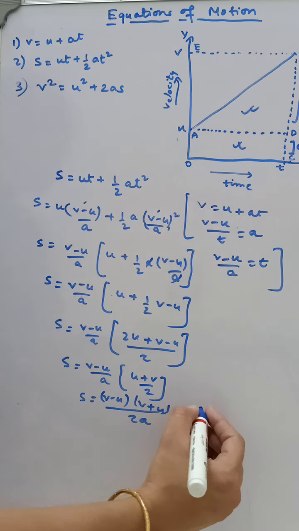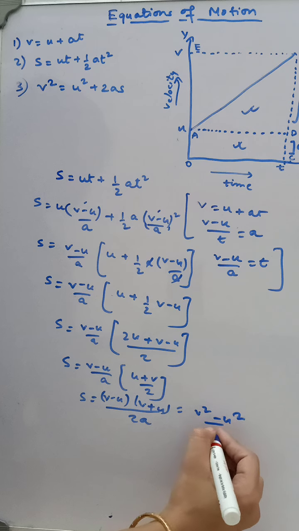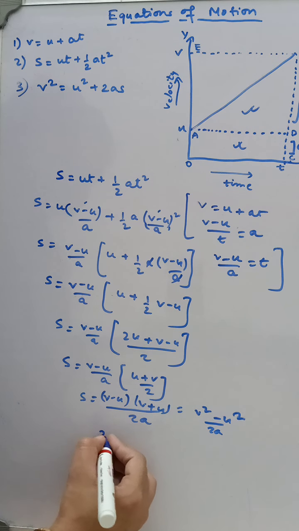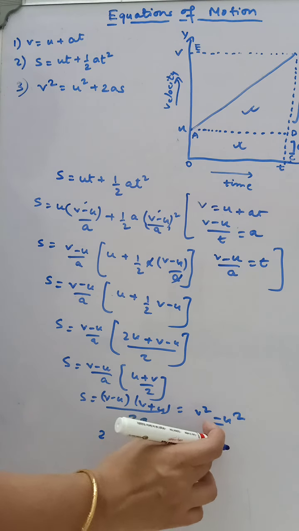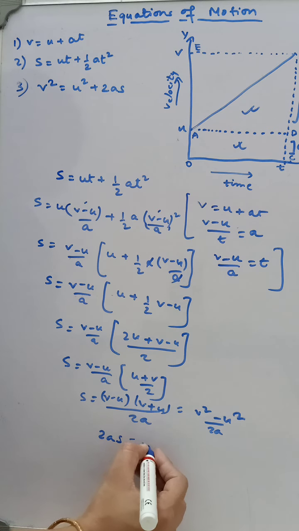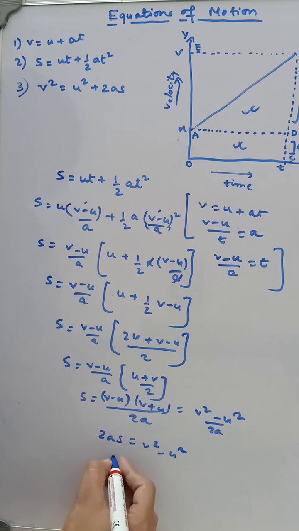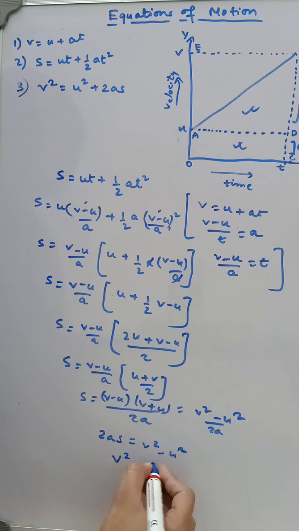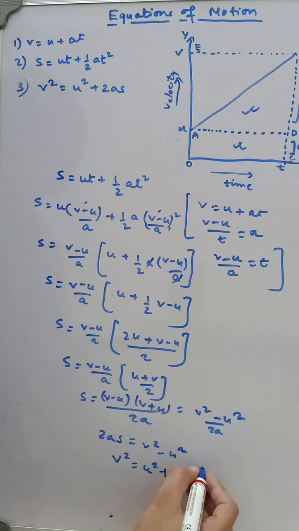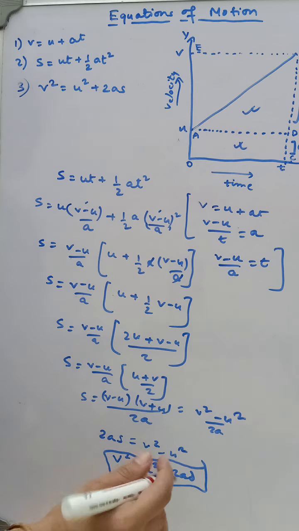So we get s = (v² - u²)/2a. If we bring this 2a with s, we have 2as = v² - u². So at the end, v² = u² + 2as. This is the third equation of motion.